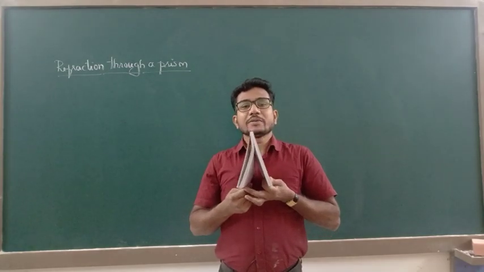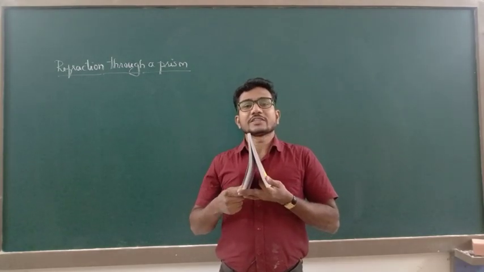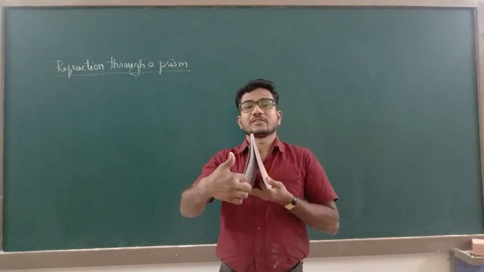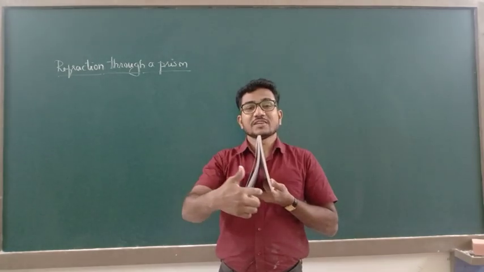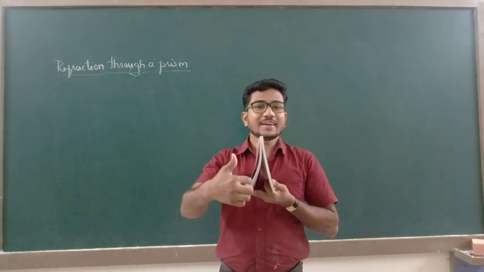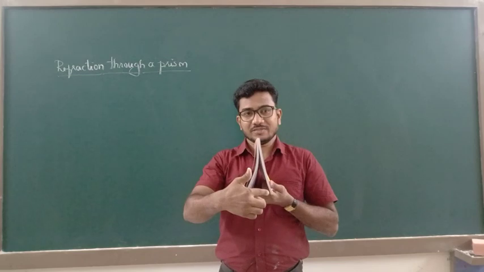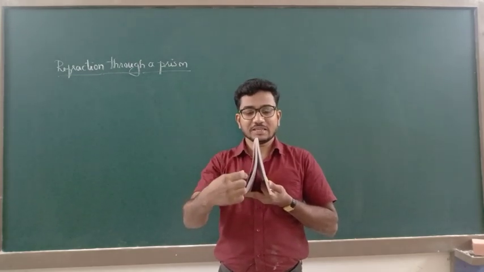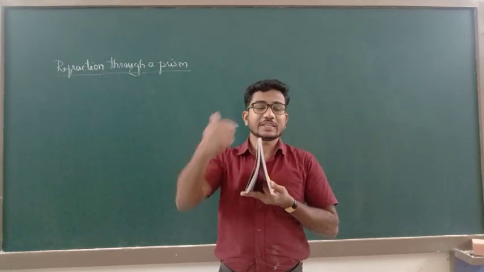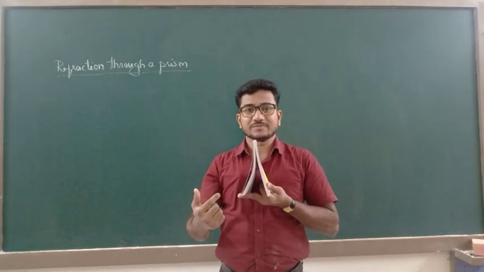The angle between 2 refracting faces of the prism is known as angle of the prism, or you can say refracting angle of the prism, because this angle is between 2 refracting faces.